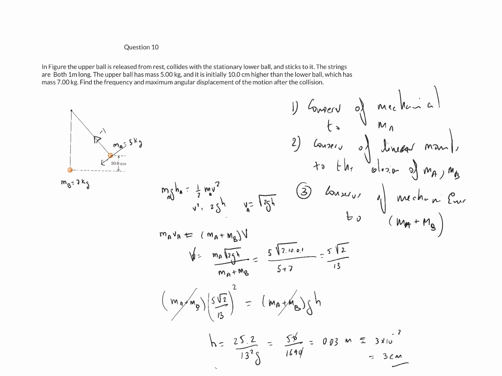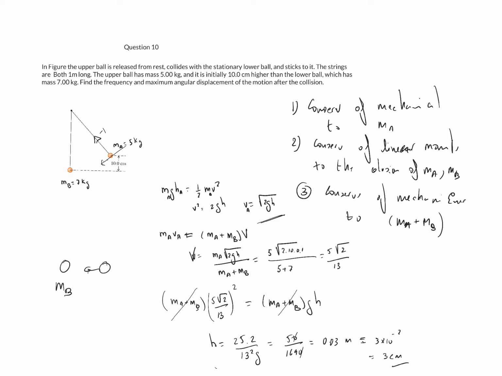The first step is done here, conservation of mechanical energy to MA. So what I have is potential energy. The potential energy is converted into kinetic energy before the collision. So I find the velocity before the collision. This is the velocity before the collision. Second step, conservation of linear momentum. I have an object coming with a certain velocity, this velocity, and it's going to collide with MB.